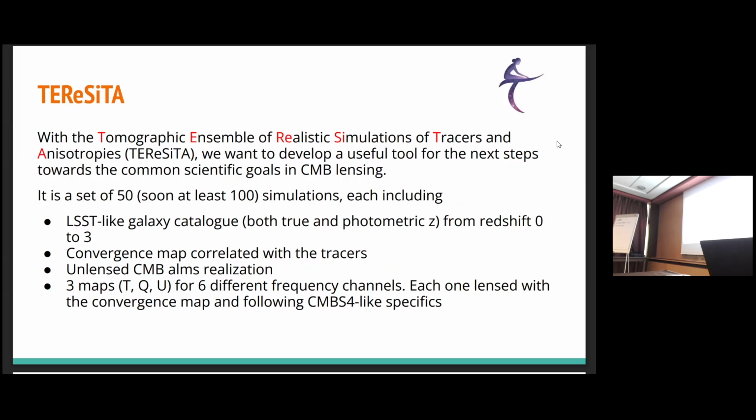It's a set of 50, soon at least 100 simulations, each one including an LSST-like galaxy catalog, having both true and photometric redshift from redshift 0 to 3, a convergence map, which is the projection of the lensing potential I was mentioning before, correlated with the catalog, and an unlensed CMB realization, which might come in handy, and temperature, Q and U polarization maps lensed with the convergence map obtained from the galaxy catalog, for 6 different frequency channels, using the specifications of CMB-S4.